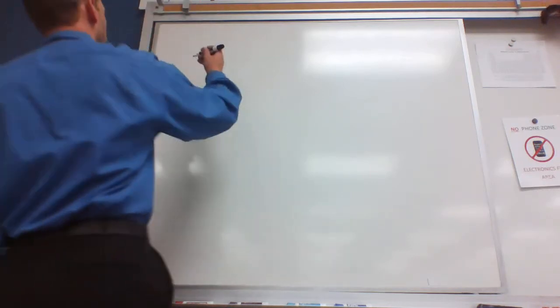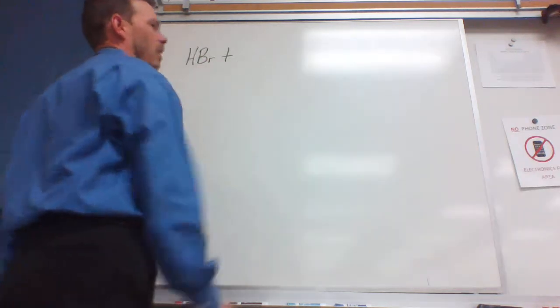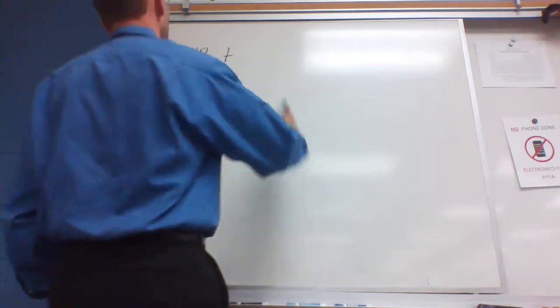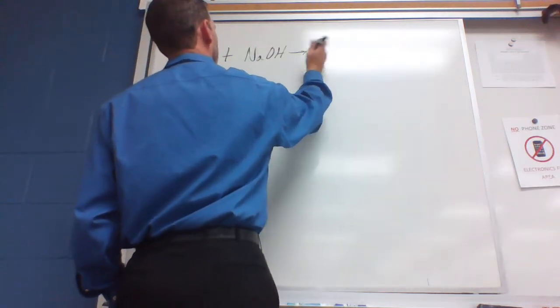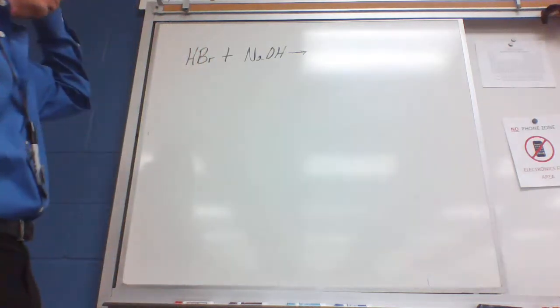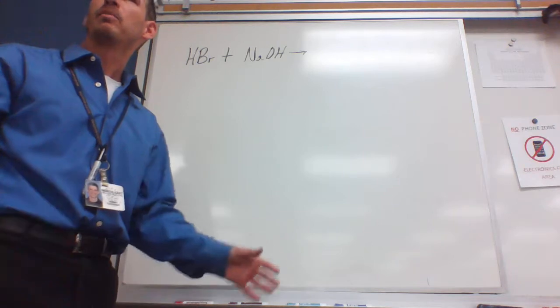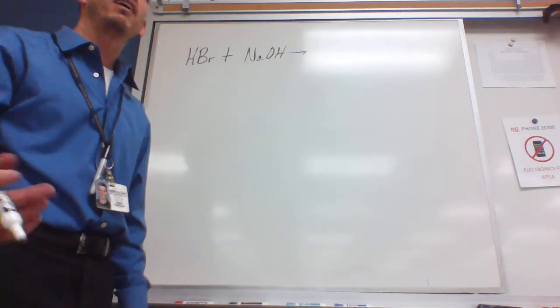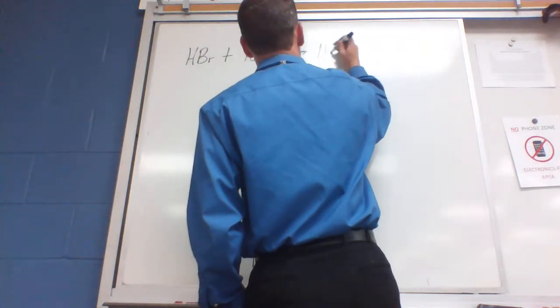So let's take a look. It looks like we're going to be putting hydrobromic acid with sodium hydroxide. Hey, look, they're all 1 oxidation states. Does that click in y'all's brain when you're writing it? You get excited when everything's a +1, -1? No? Y'all haven't gotten there yet? Well, you'll get there. Anyways, this means that the balancing is going to be very simple.